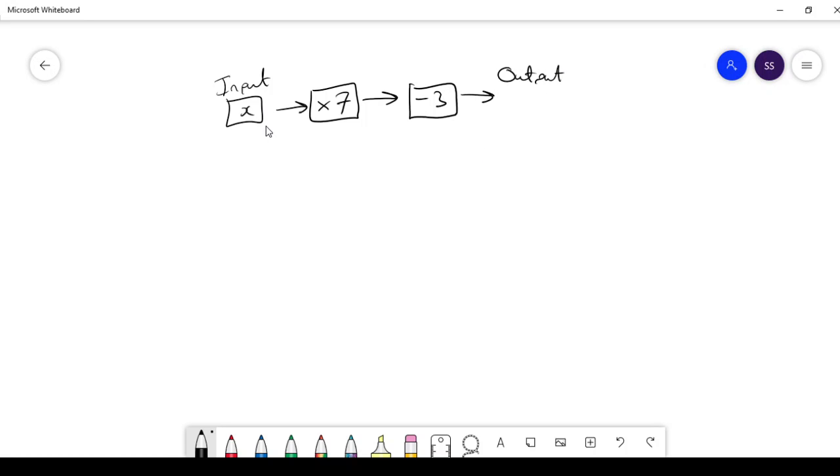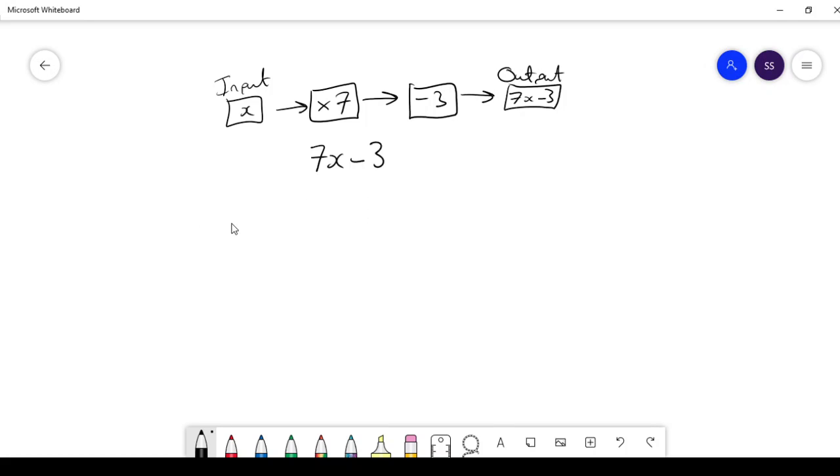So let's write this function as an algebraic expression. So we've got the input x, we times that by 7, that's 7x, and then we minus 3, we take away 3, 7x minus 3. That's how we can write that function as an algebraic expression. So I can write in here, the output is 7x minus 3. Okay?